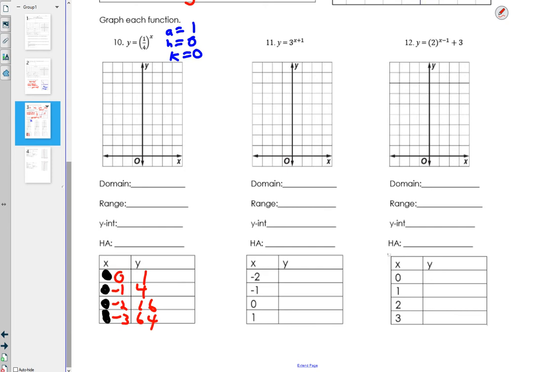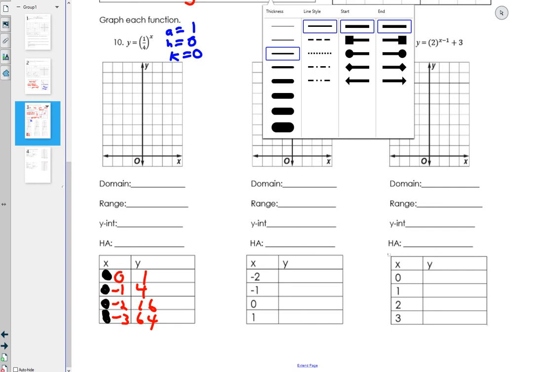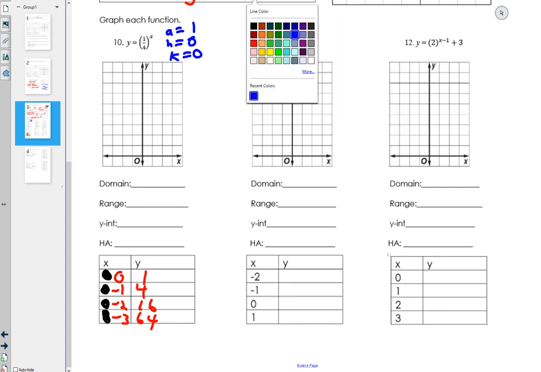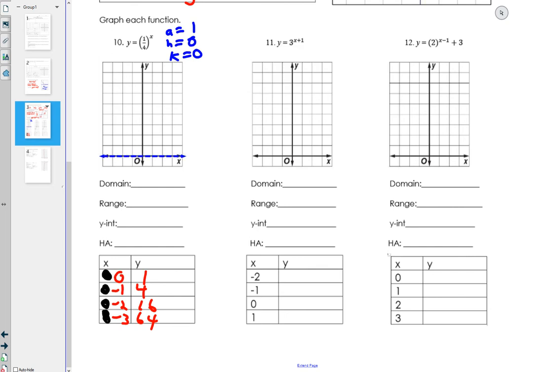The asymptote here should be at y equals 0, and that's what k is. But then when I try to plot points, I don't have enough to fit.